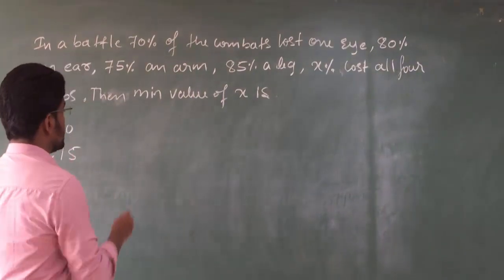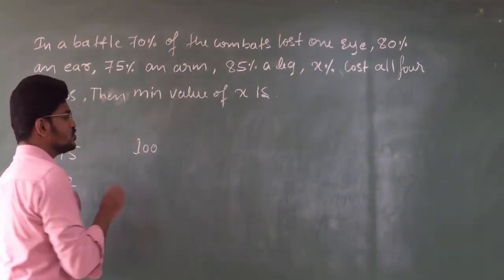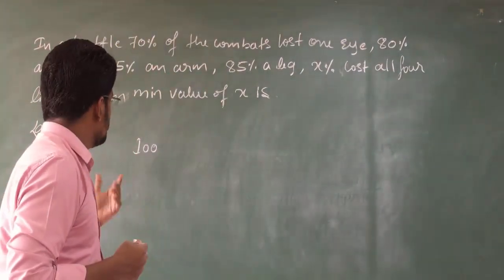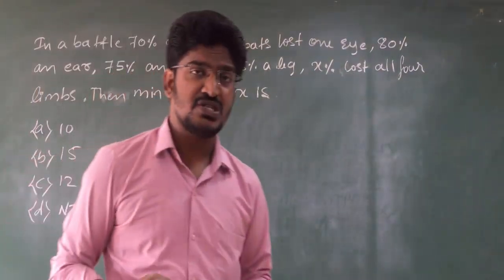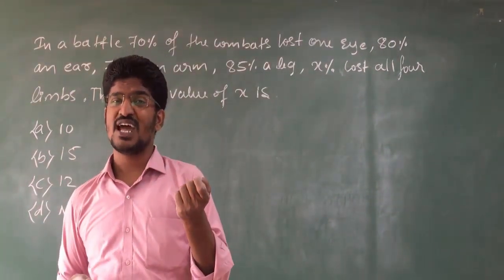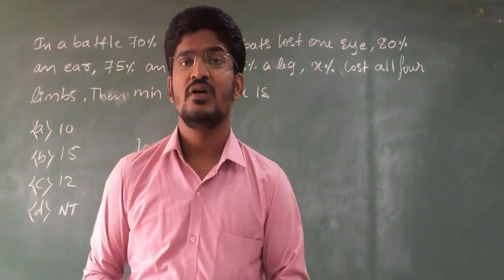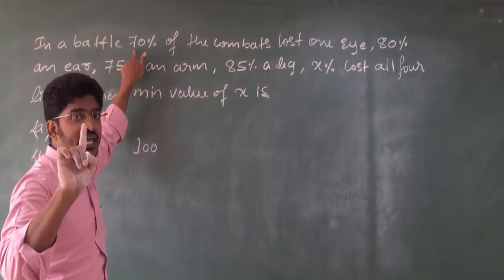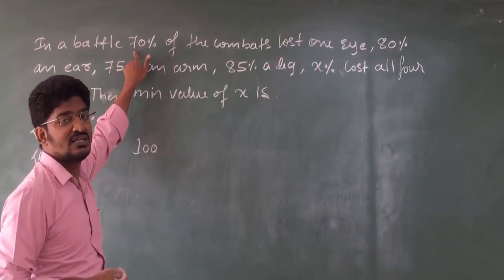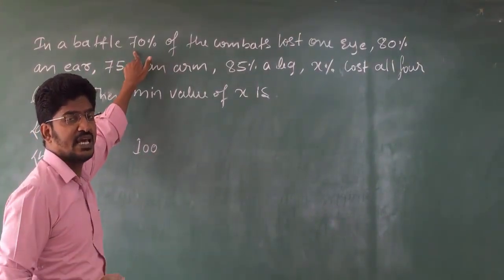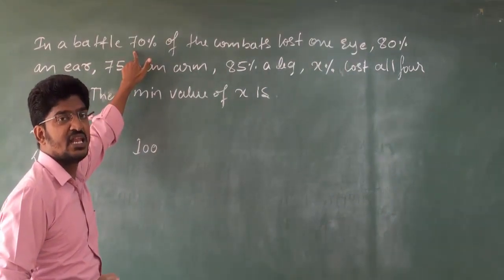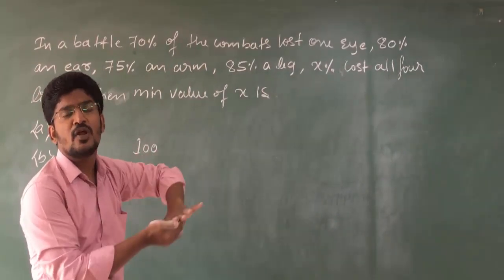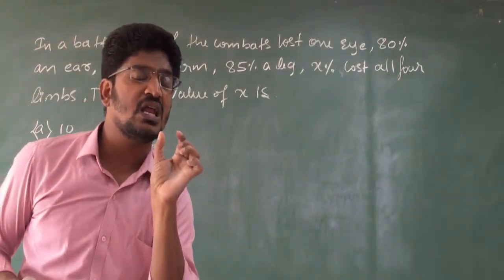See, if I take 100 as the total number of our universal set. From this 100, what am I going to subtract? Those who are safe. For example, 70% have lost one eye. That means 30% are safe. They have not lost anything. 70% is separate, leave it. 70% have lost one eye, no problem, but 30% are safe.